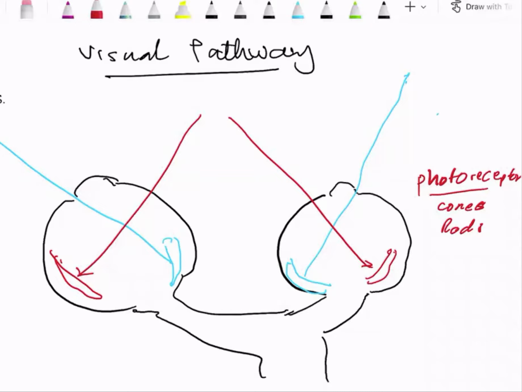The optic nerve will be composed of these fibers. Mostly the temporal fibers will pass without crossing. The nasal part will mostly be crossing at the optic chiasm.